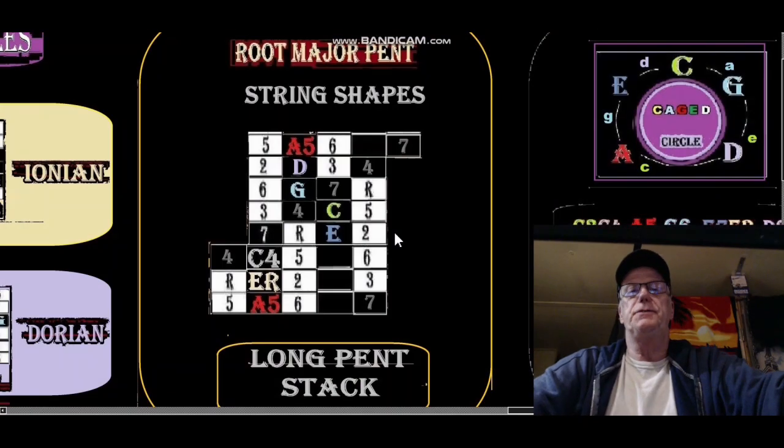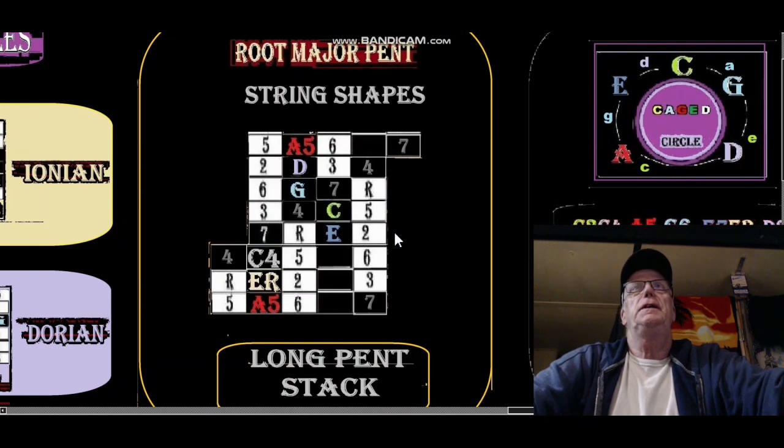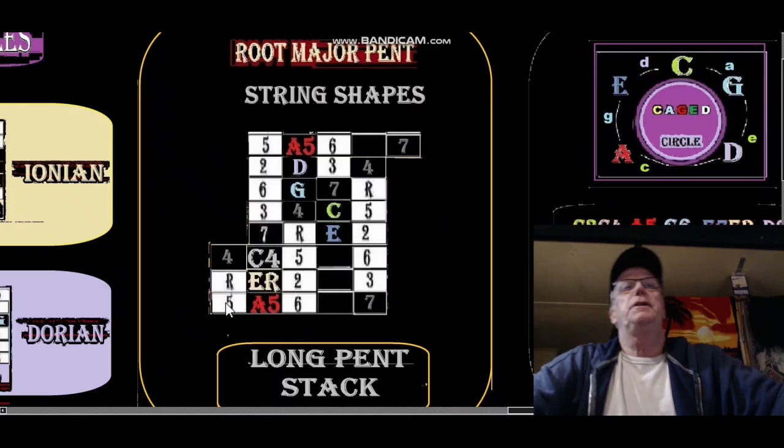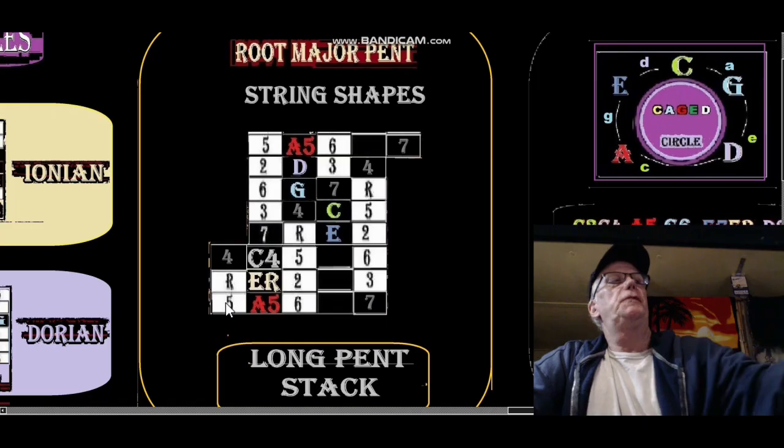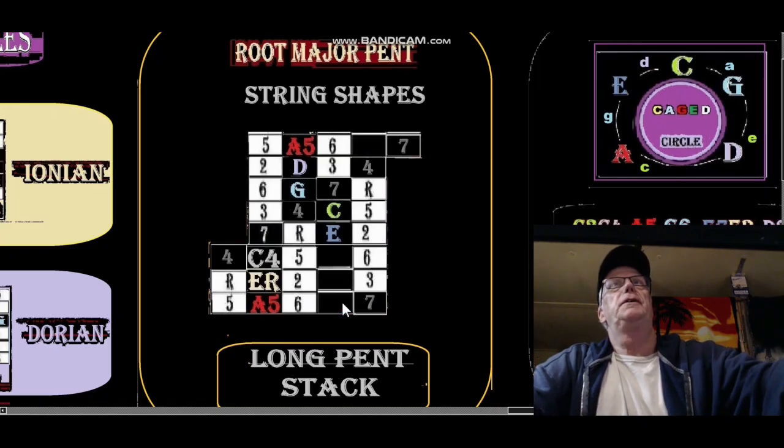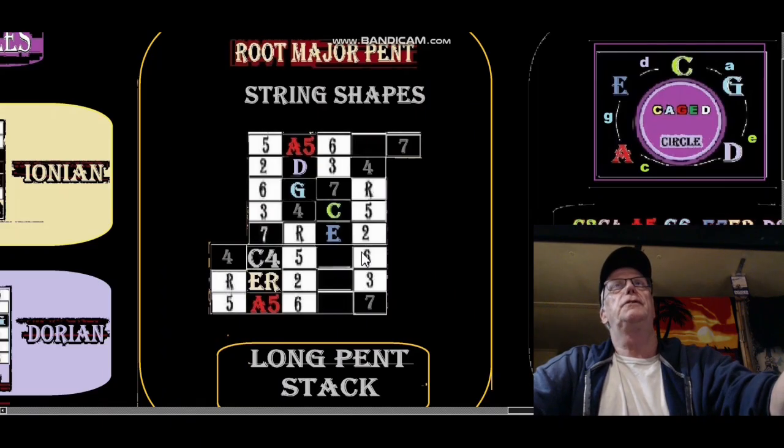One thing that is definitely a must is to learn these 7 string shapes, and there's just a repeat there so it shows you to go to the next octave. So if I started from this, it would be 5, 6, 7, and then root 2, 3, and then 4, 5, 6 for your 3 longs.